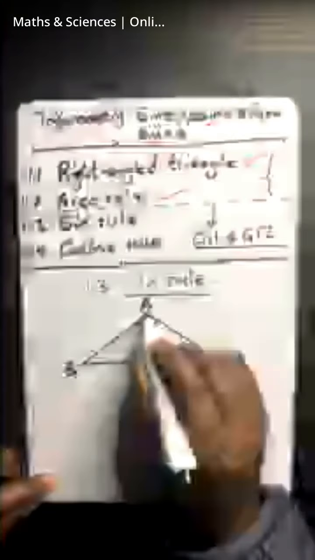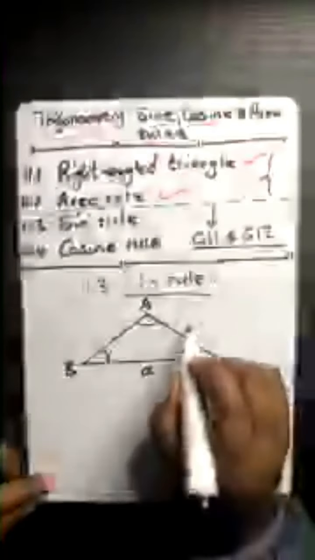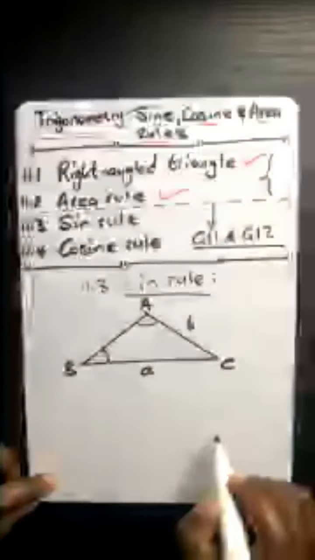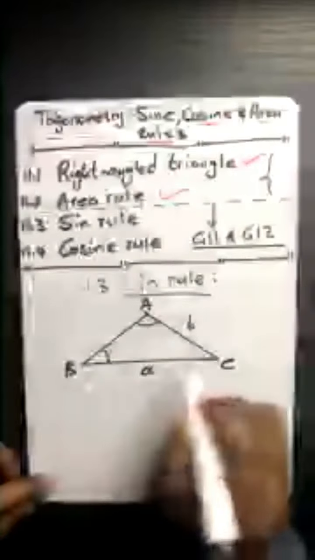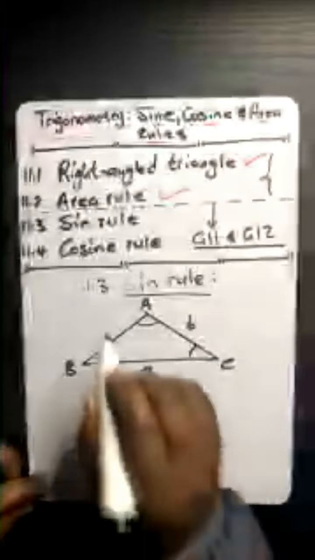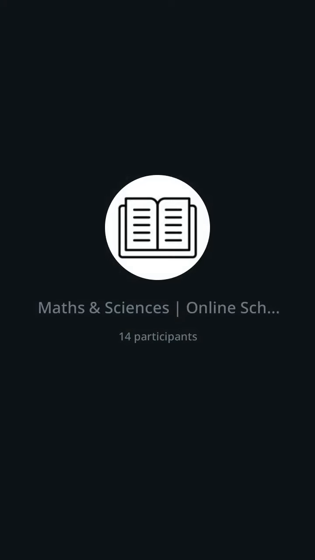This side is opposite to B, which means it is small letter b. This side is opposite to angle C, which means this is small letter c.